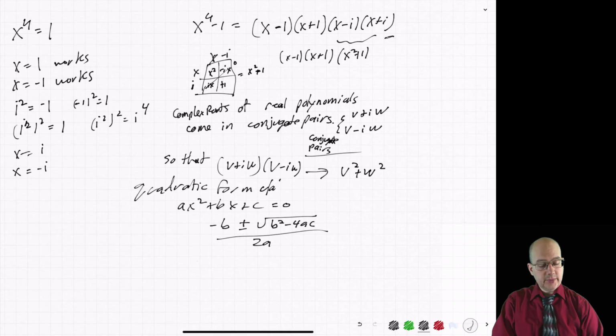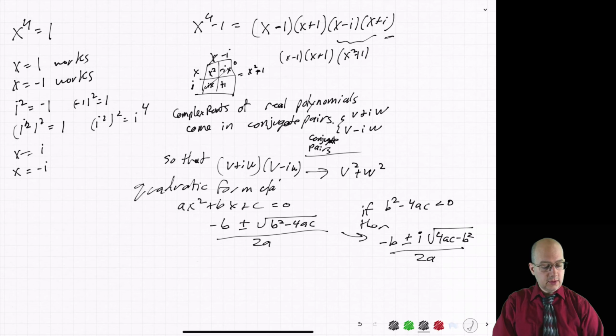There's that plus minus. Now, where do complex numbers come into this? Well, if b squared minus 4ac is less than 0, then this becomes minus b plus or minus i square root of 4ac minus b squared over 2a.